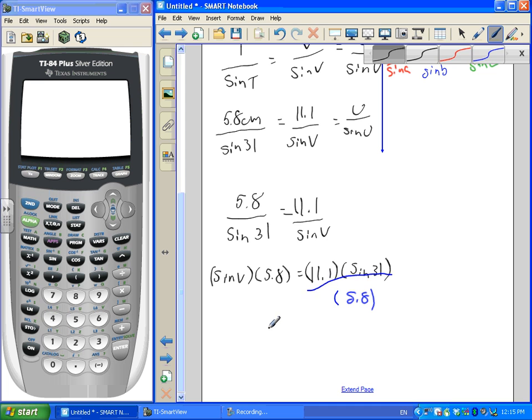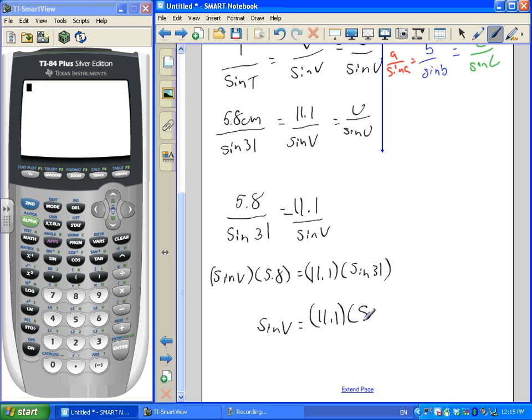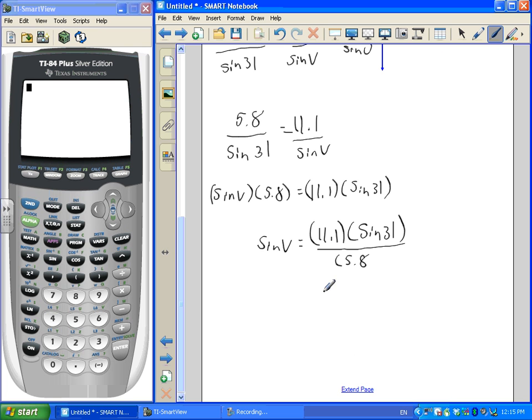So it's going to say sine V is equal to 11.1 times sine 31 divided by 5.8. Okay? It doesn't matter that I haven't solved for sine 31 yet. I haven't done any equating, so I can get to that. And even before I solve for that whole side, I'm just going to show you, this is the idea.